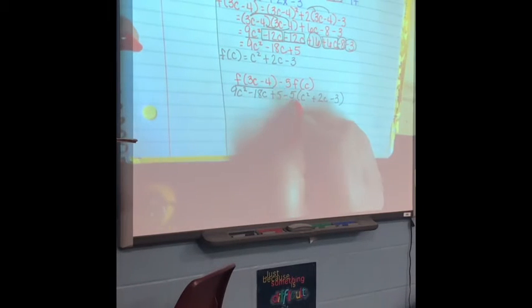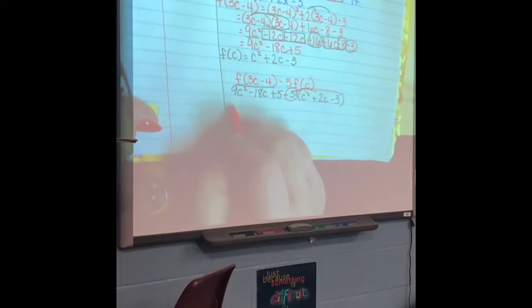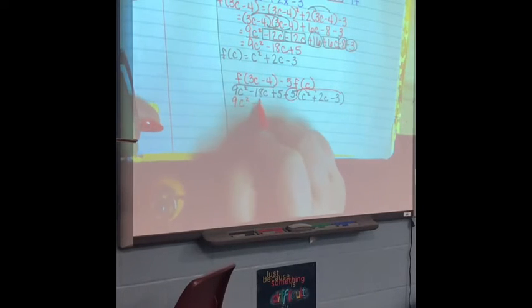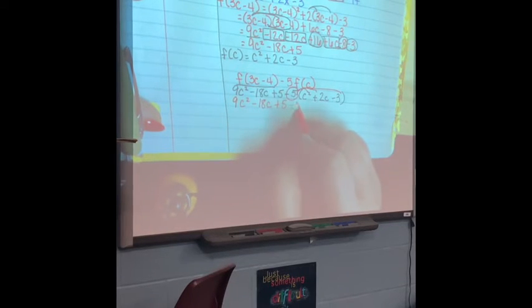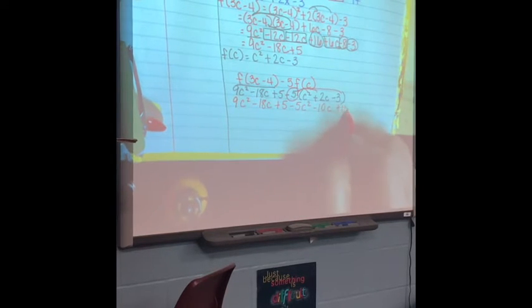Got to distribute the negative 5 to everything inside the parentheses. So I have 9c squared minus 18c plus 5, and now I'm distributing negative 5c squared minus 10c plus 15.